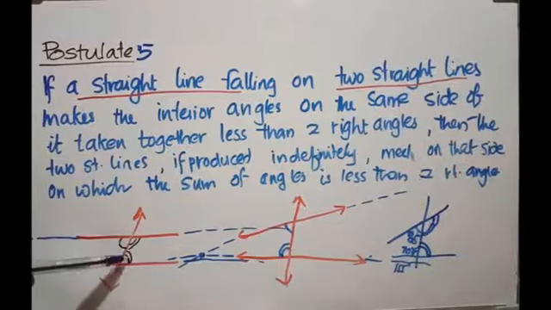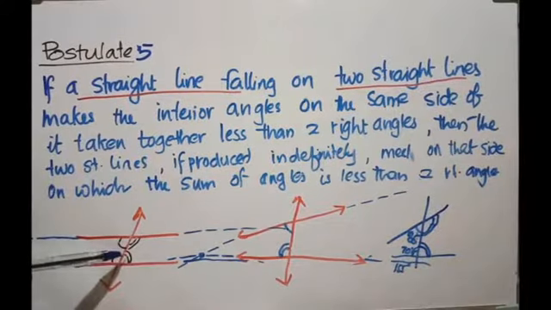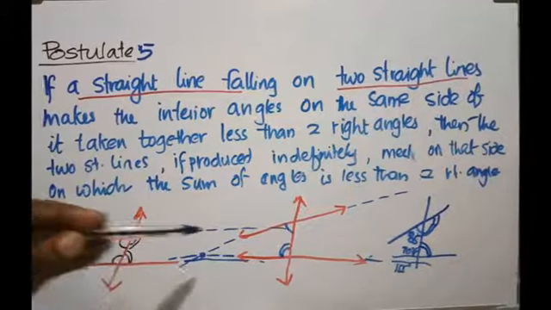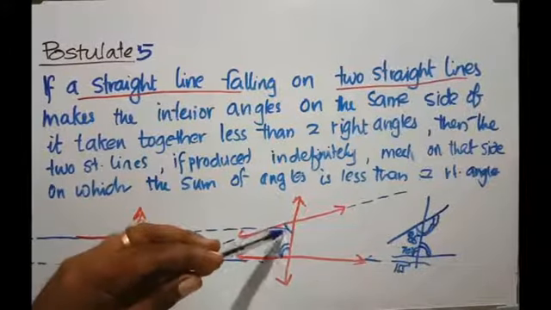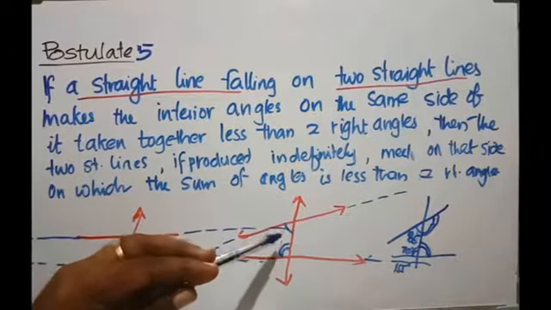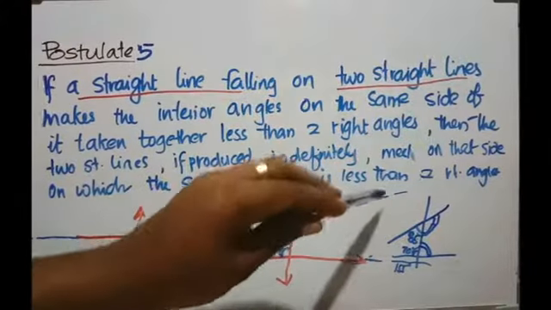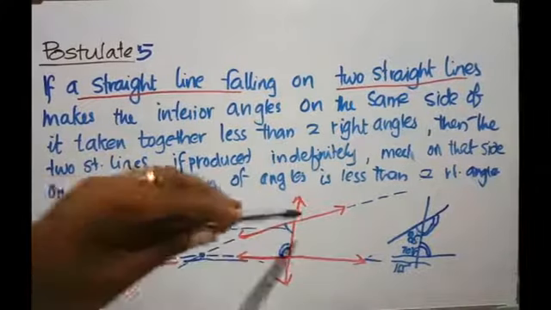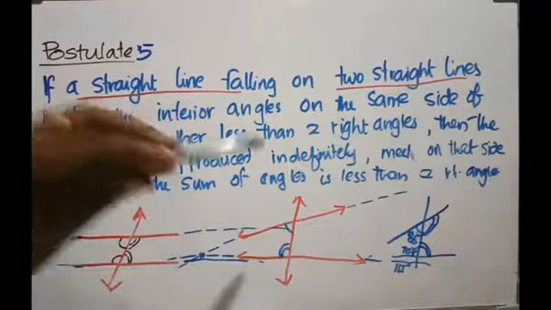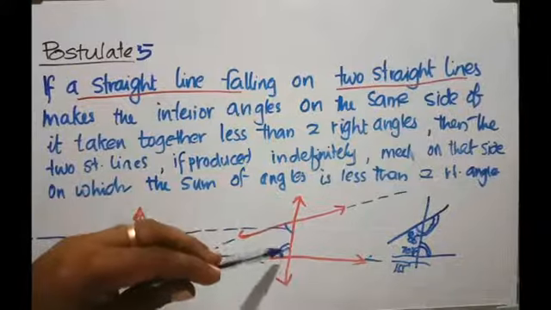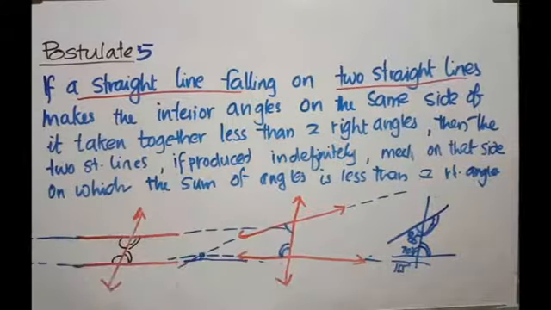Similarly, the sum of these two angles is also exactly 180 degrees. Then they never meet each other. If the sum of these two angles is less than 180 degrees, then when we extend both lines, they meet at a point on the side where the sum of the two angles is less than 180 degrees. That is what is meant by postulate number 5.